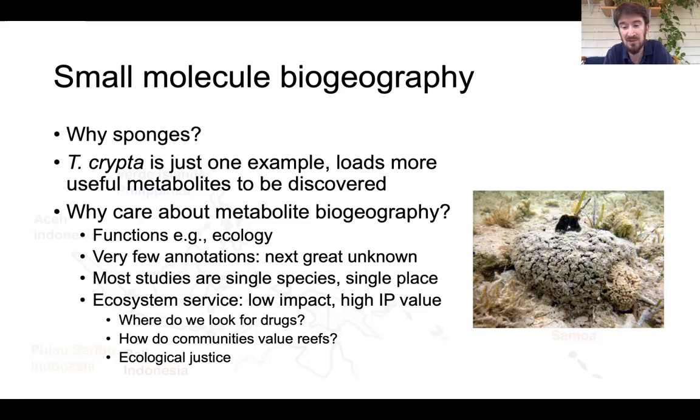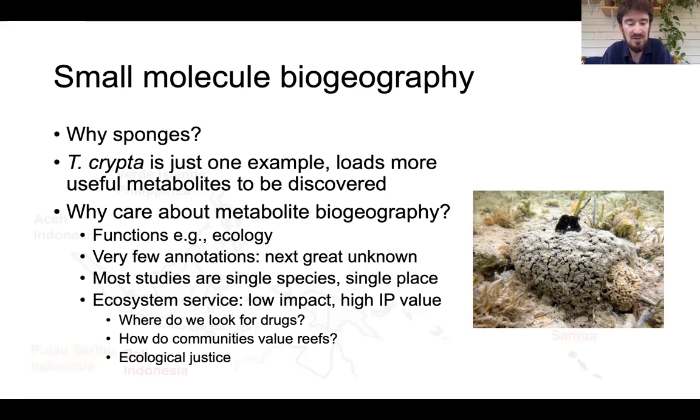So metabolomics is really one of the next great unknowns in science. And most studies in metabolomics relate to a single species found in a single place. That's often done because even in a single species, we can't identify very much. So if we're thinking about, say, large spatial scales or community level questions, it starts to get very complicated very quickly. And also thinking about metabolites as an ecosystem service, right?